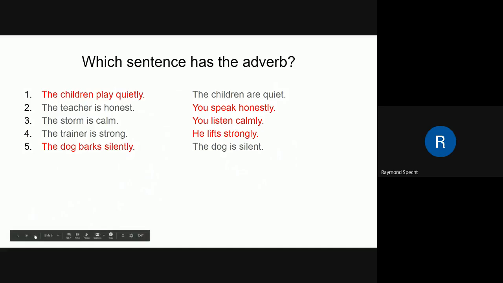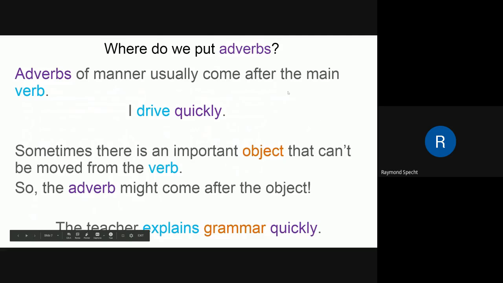Let's move on to our next slide. All right, take 1 minute to read over this, and then we will go over it together.